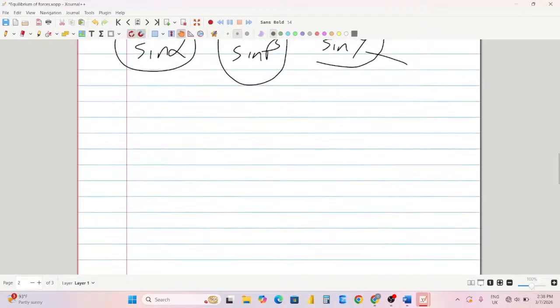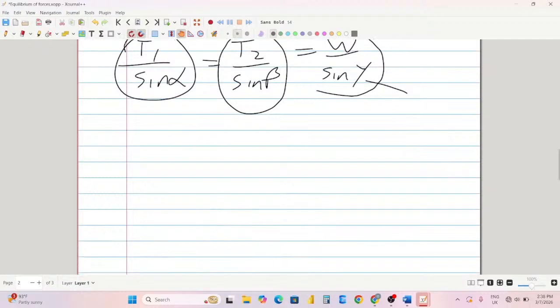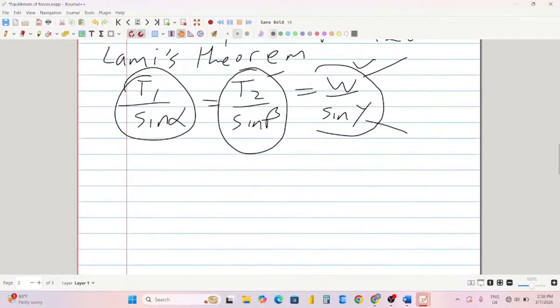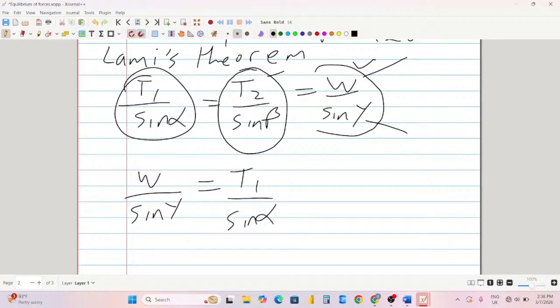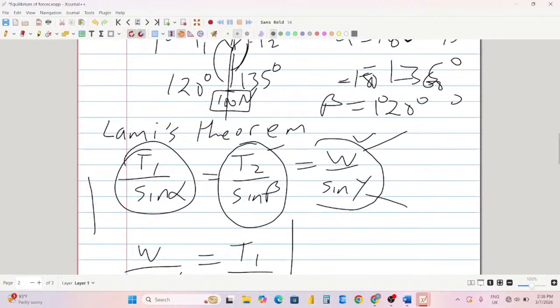So let's continue with the substitution. We do weight over sine gamma equals, let's say we're looking for T1 first, T1 over sine alpha. Substituting directly, I think in the question our weight was 100 Newton.